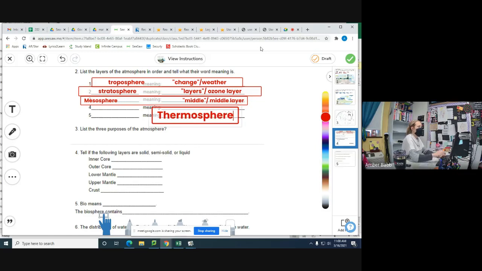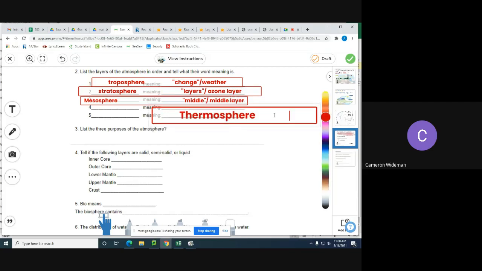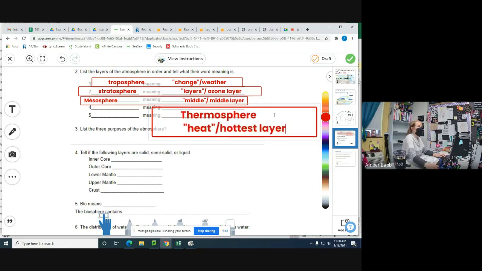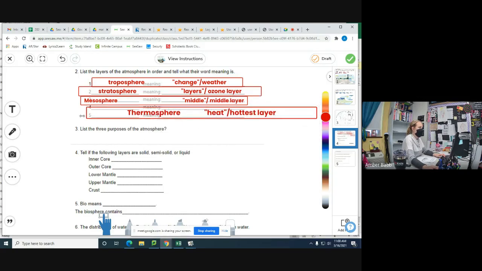Yep. Thermosphere. Do you remember why we call it the thermosphere? Because that's where temperature changes. It's the hottest layer. Thermo means heat, and it is the hottest layer.